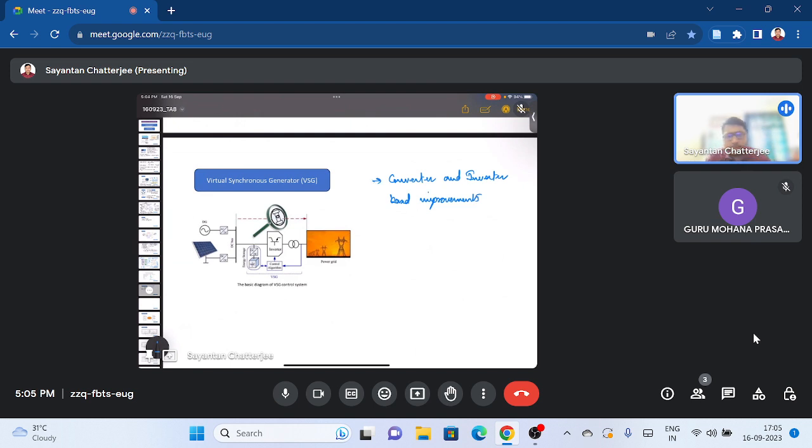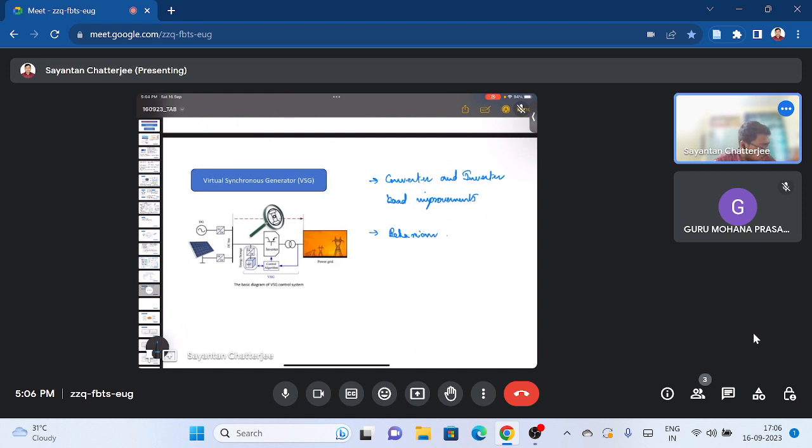This is the basic requirement, so that the behavior of the synchronous generator can be fetched into this virtual synchronous generator.